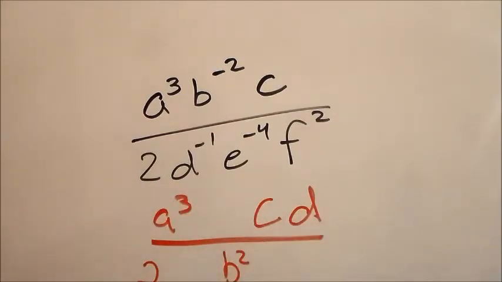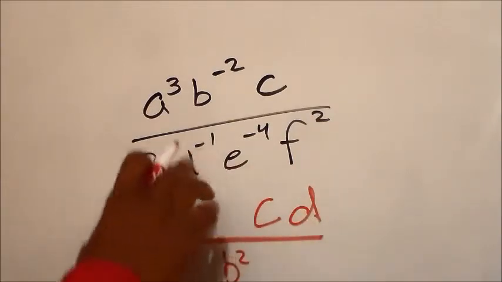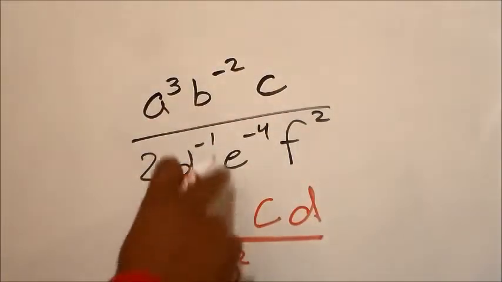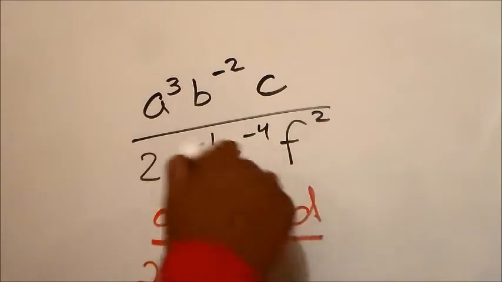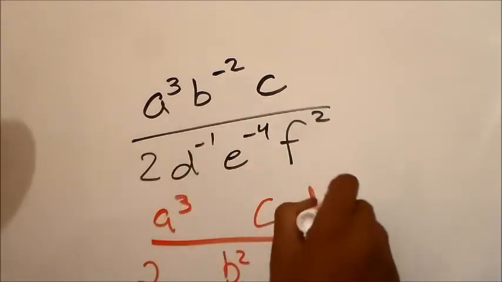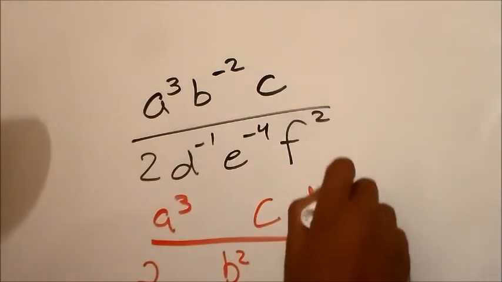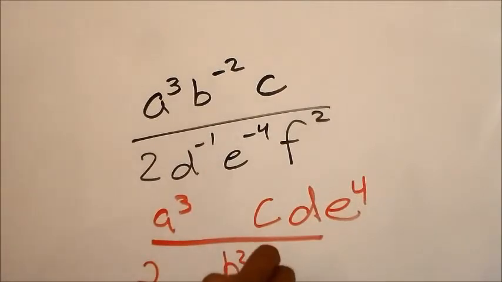A, B, C, D. B went downstairs because he had to change his mood. So we worked with D. D, you're bad. You had to change your mood. E, you got to go too because you have a negative attitude. Negative 4. Change, and F stays where it's at because F is good.